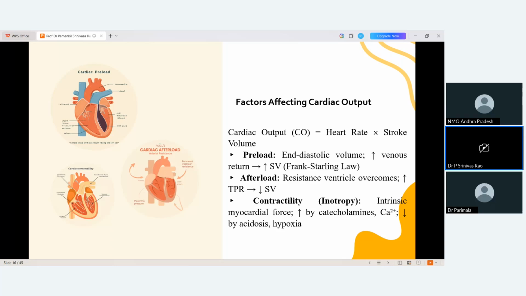Inotropy is contractility. Intrinsic myocardial force is called inotropy. That is increased by catecholamines and by an increase in calcium, whereas a decrease in inotropy is caused by acidosis and hypoxia.